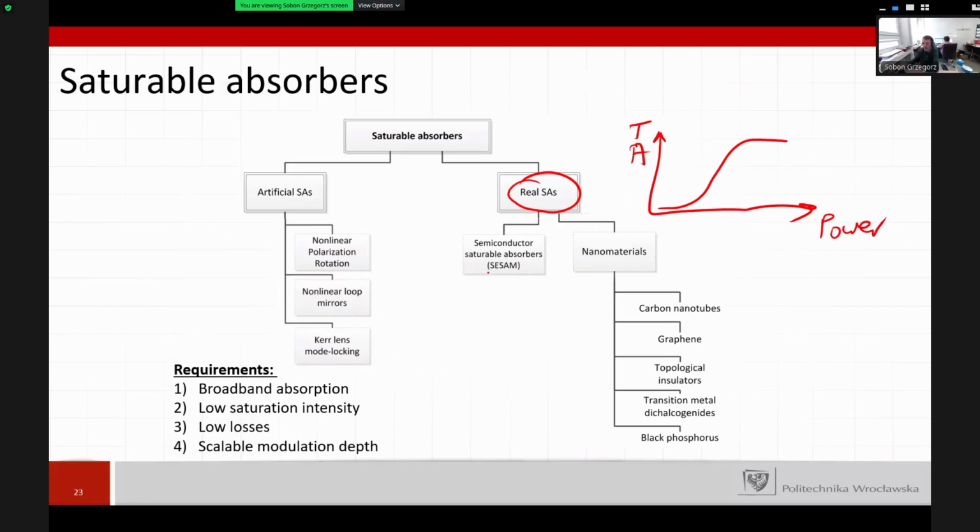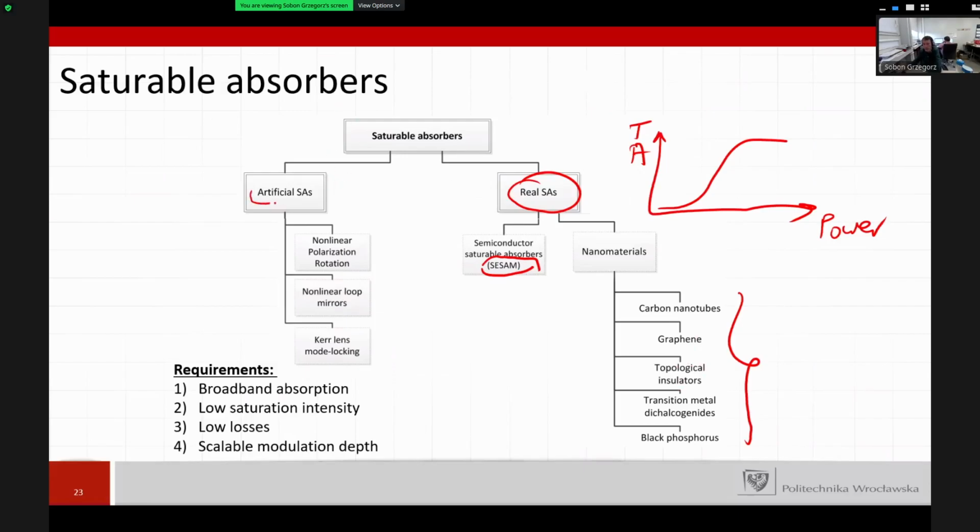These might be semiconductors. This is the most popular saturable absorber, the so-called SESAM. This is a semiconductor which has this property. But there are many other types of materials, for example, based on carbon, that have these properties.